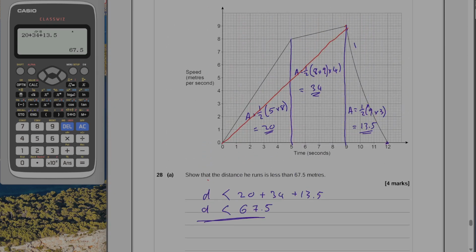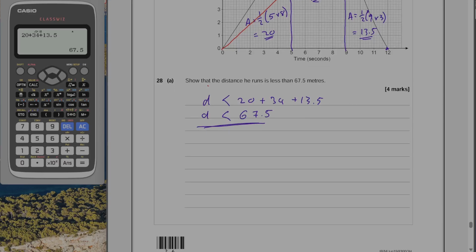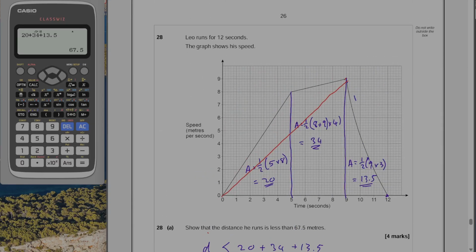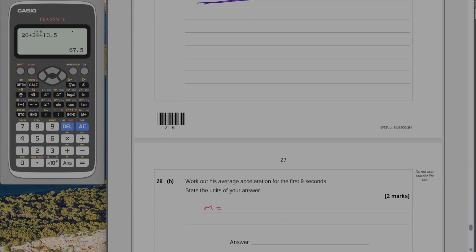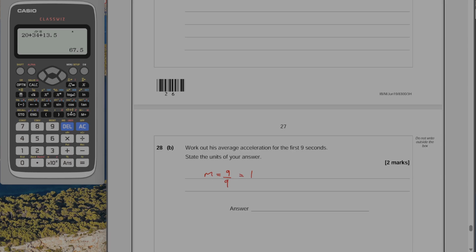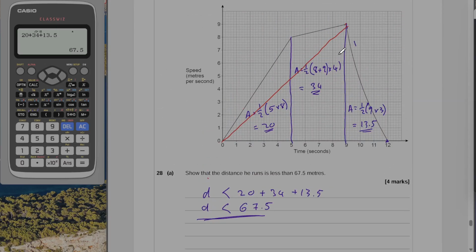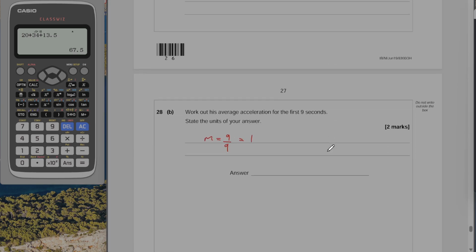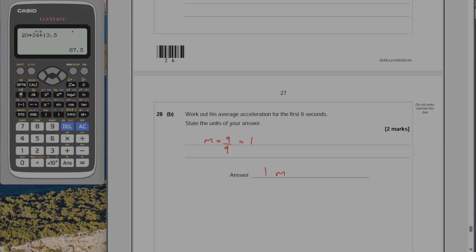It doesn't ask at a specific point, so that's going to be 9 divided by 9. And we can get our unit from the graph. So we've done meters per second divided by time in seconds. So that's meters per second squared.